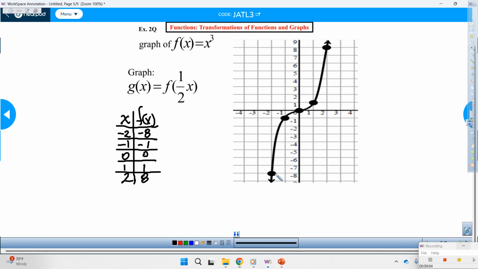And that's how we got these 5 points. That's why we label this f of x. So far so good, yes? However, they want us to do a transformation. So, for this one, I'm going to use blue, and I want you to make this table right next to this one. I want you to write x.